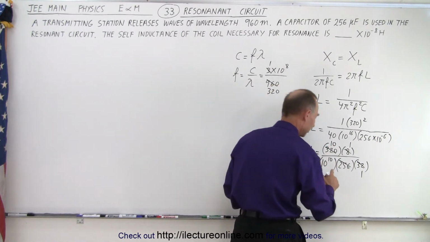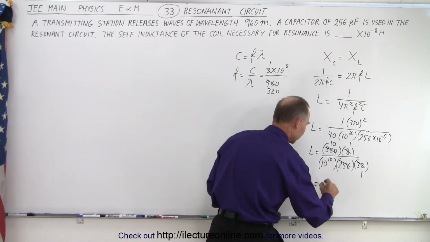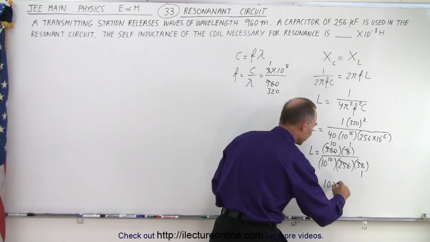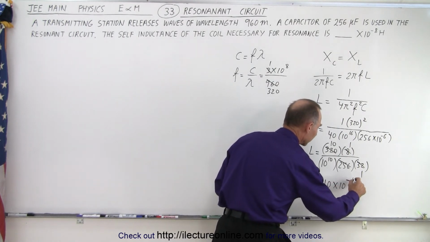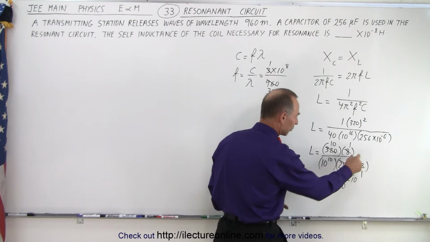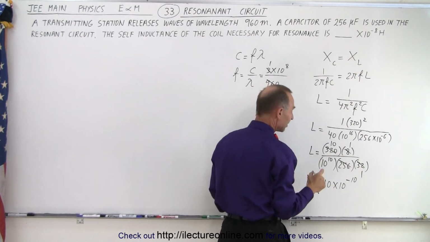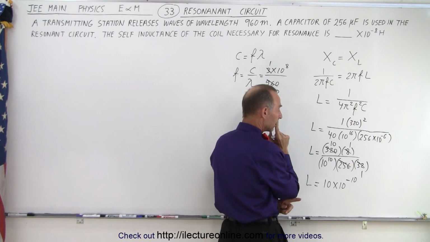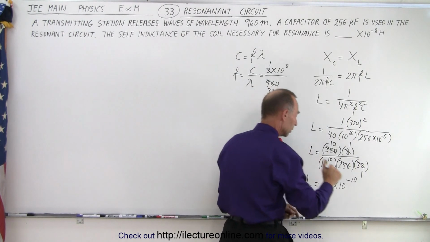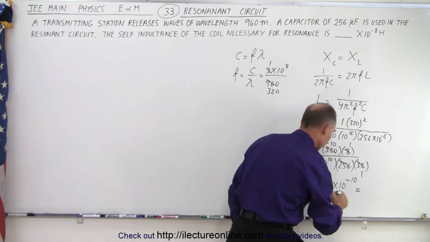And so now we have L equal to 10 times 10 to the minus 10, because I bring the 10 to the 10 up to the numerator. And then of course we want this expressed times 10 to the minus 8.